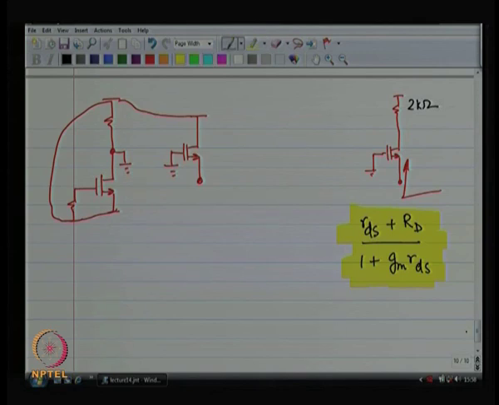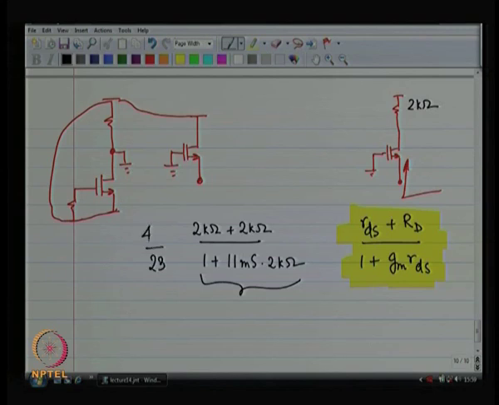Okay. So, going by this important formula, what we have is RDS is 2 kilo ohms, RD is also 2 kilo ohms, divided by 1 plus GM is about 10, I forgot GMB, GMB comes in shunt with GM. So, I have got 11 millisiemens times RDS, RDS is 2 kilo ohms, right. And the denominator gives me something like 2 times 11 is 22, so a factor of 23, numerator is 4 kilo ohms.